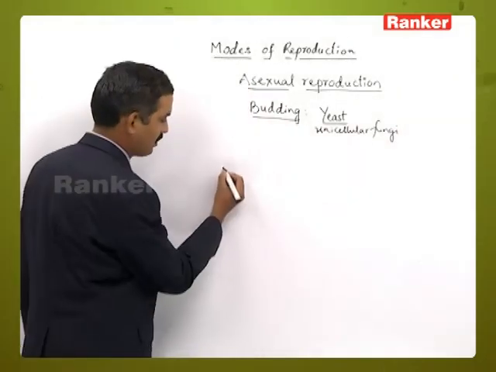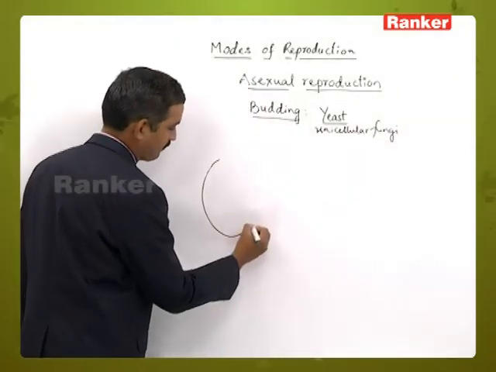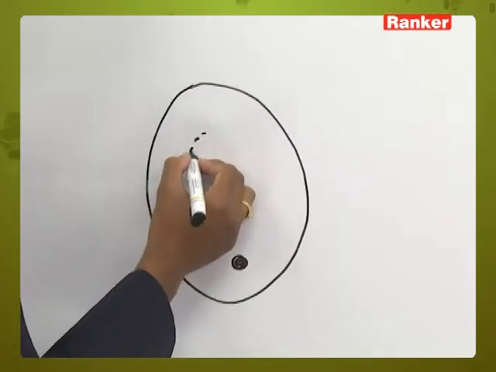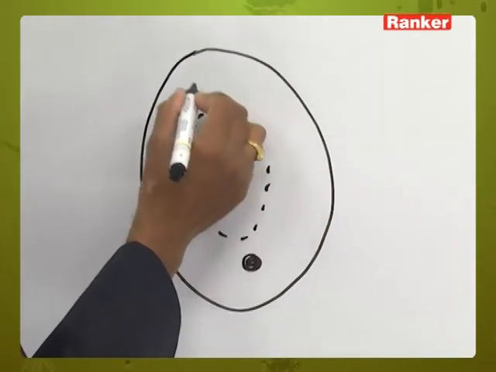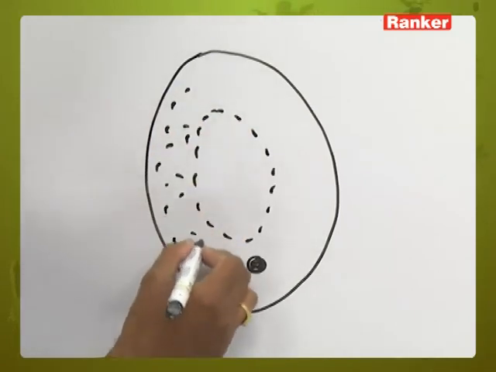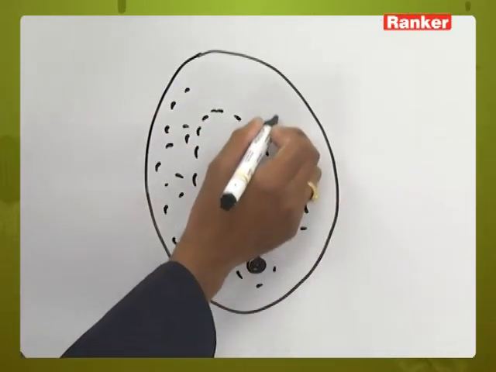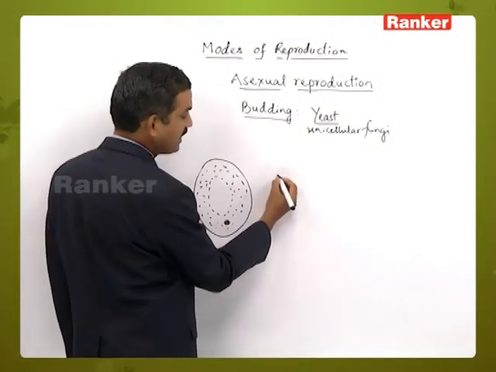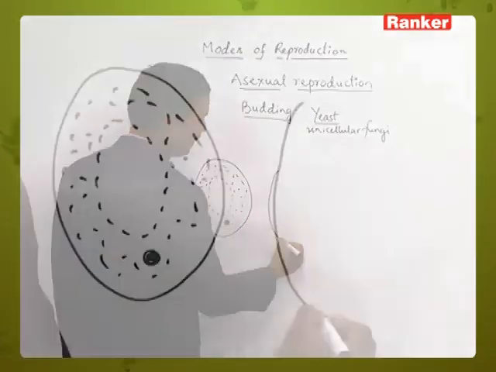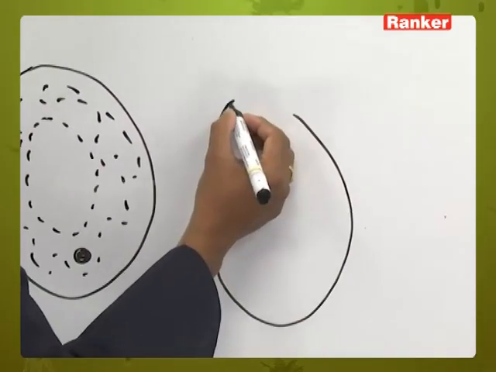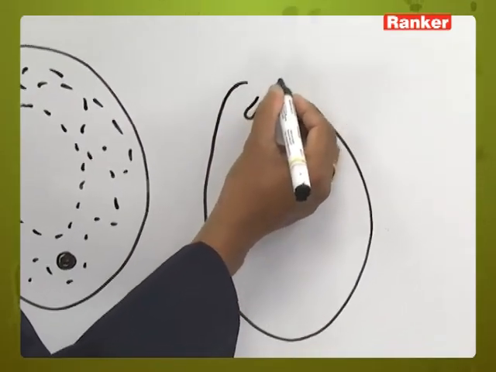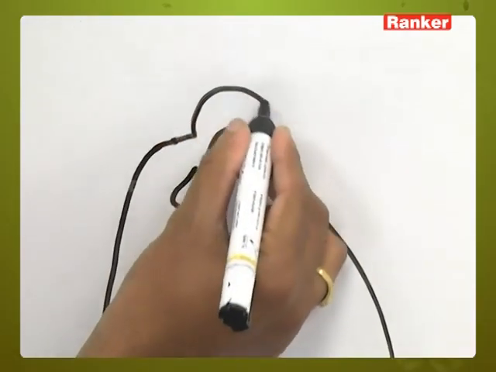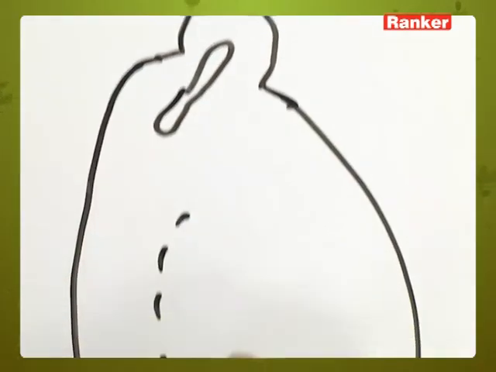If we observe the structure, it appears to be like this, which contains nucleus, vacuolar organization, and the protoplasmic content here. Okay. So here first the nucleus will elongate, and in the meantime the cytoplasmic content will produce a small protuberance on one side.